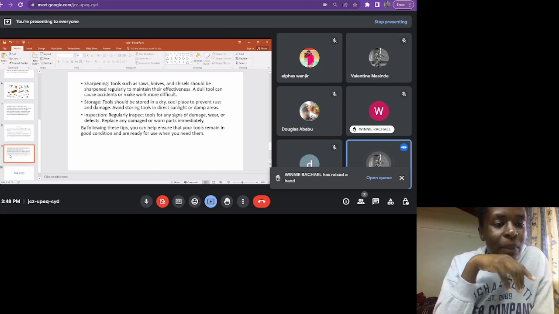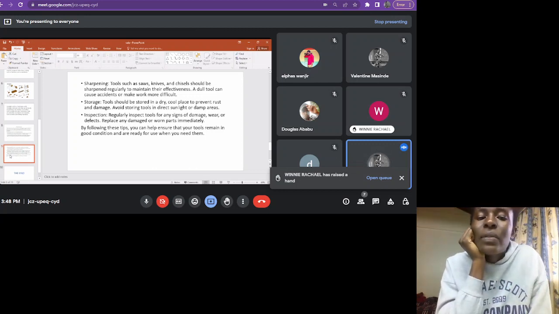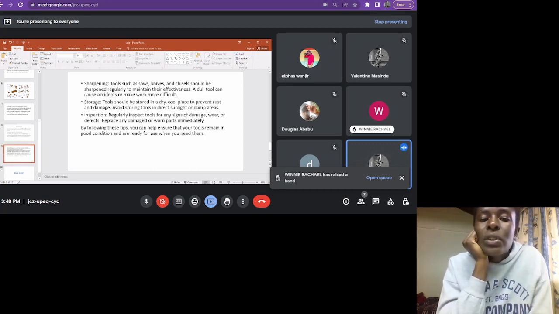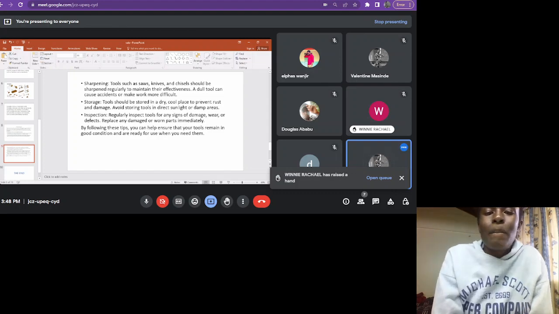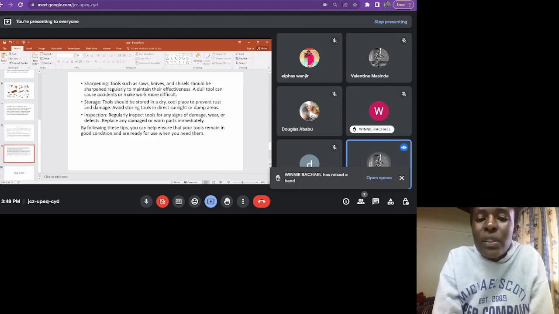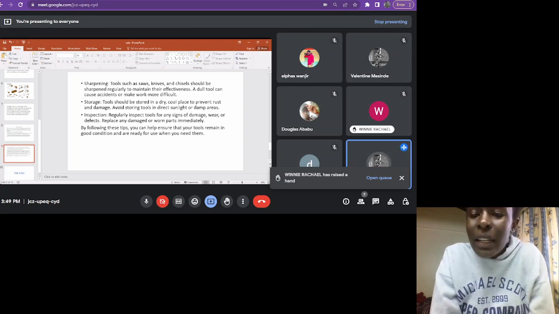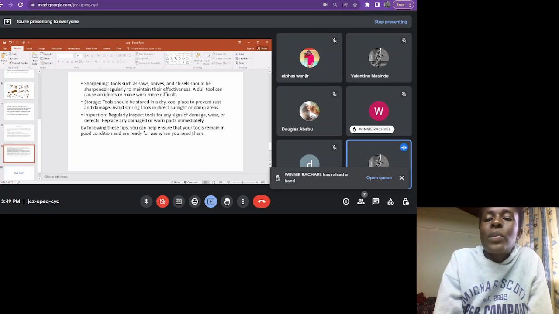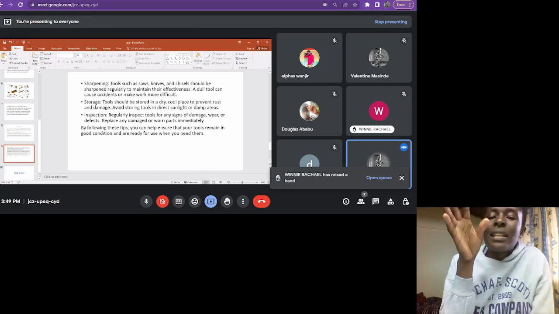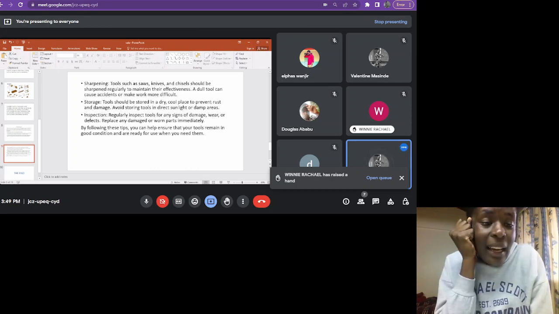So another example of tool maintenance, we have storage. Tools should be stored in a dry place to avoid rusting and damage. So we should avoid also storing tools in direct sunlight or damp areas. When we store our tools in damp areas, zitarust haraka.